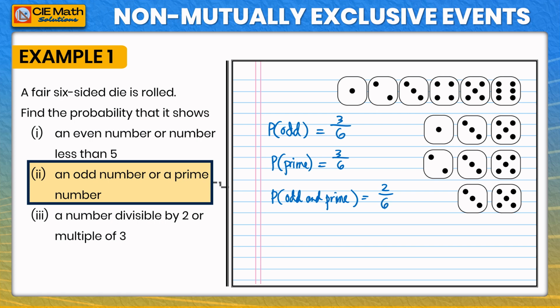So the probability of getting an odd or prime will be the probability of odd, which is 3 over 6, plus the probability of prime, which is 3 over 6, minus the probability of odd and prime at the same time. There are 2 of them, so 2 over 6. We will then have 6 minus 2, that is 4 over 6, or 2 over 3.